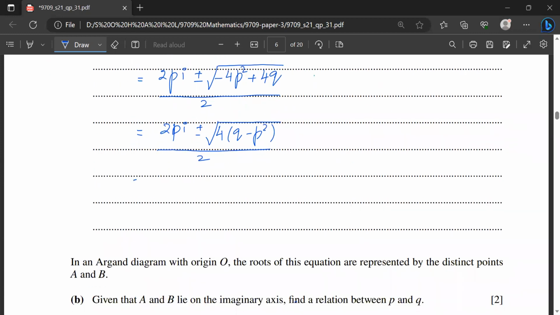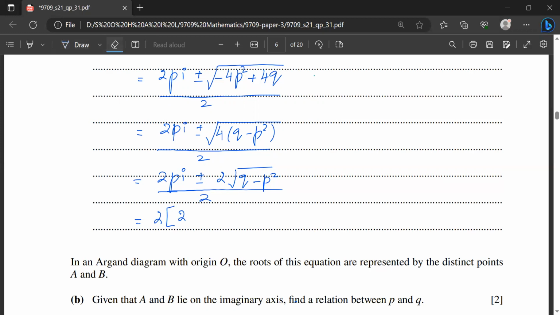Further, this is 2p iota plus minus 2 outside the square root of q minus p squared, over 2. Further, 2 is common in the numerator.